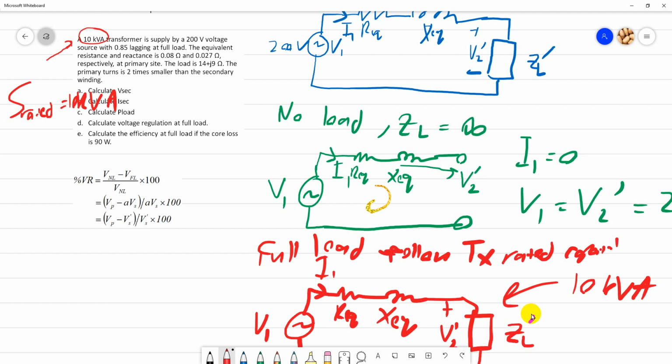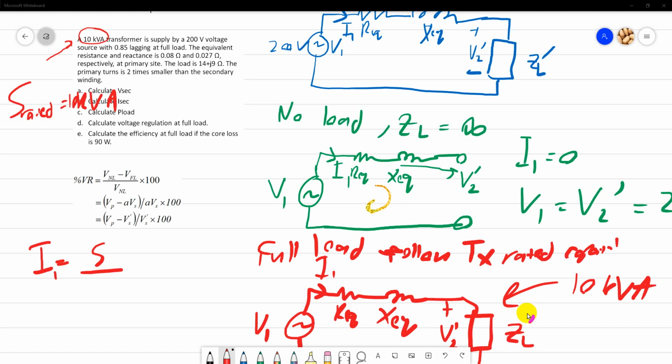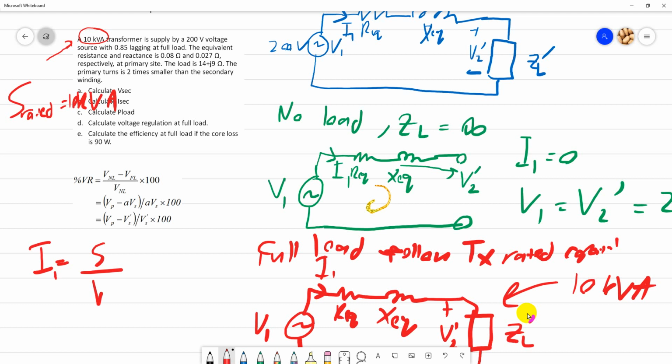So based on this, I1 equals S divided by V2 bar, because this uses 10 kVA, the current goes here, and the voltage you need to use is this.